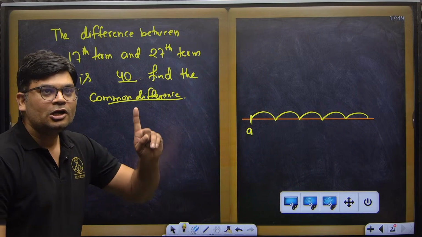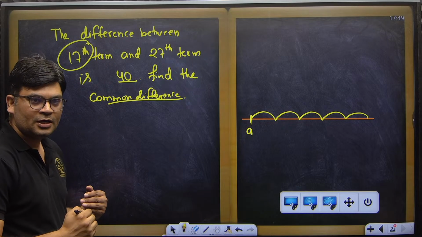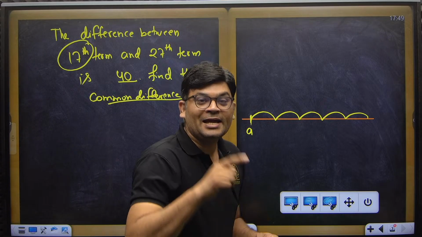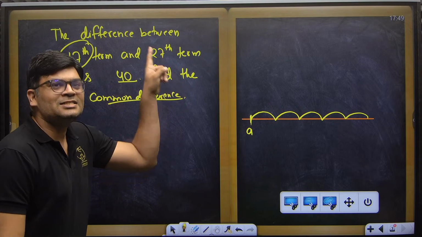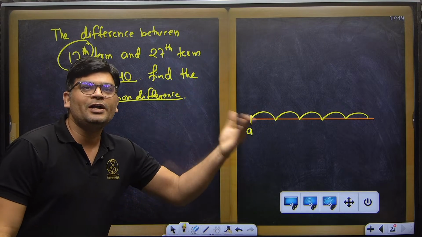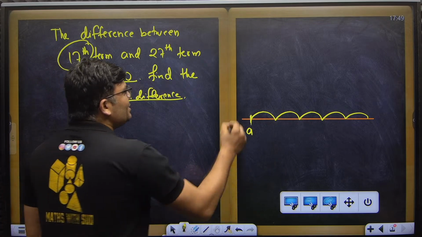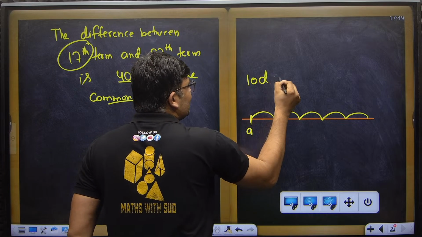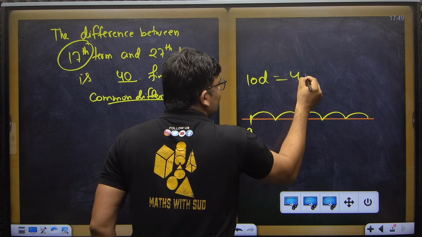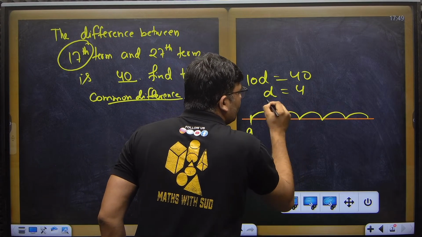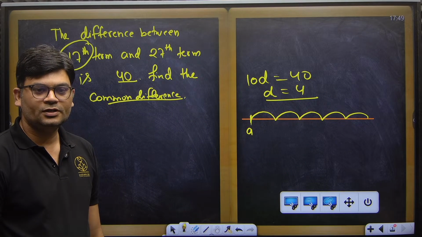Now imagine you are standing on the 17th term and your one step is D. From the 17th to the 27th term, how many times will you jump? 10 times. That means 10 times D is equal to the difference between them, 40. So D is going to be 4. Are you getting it?